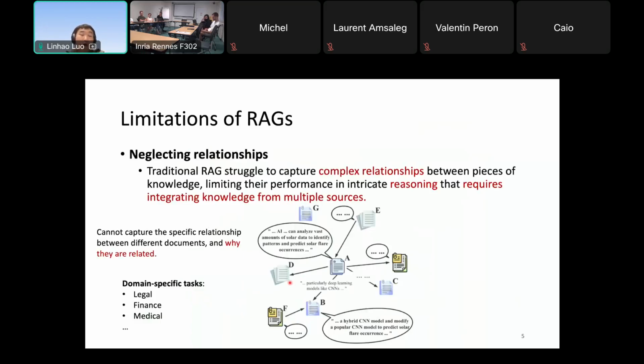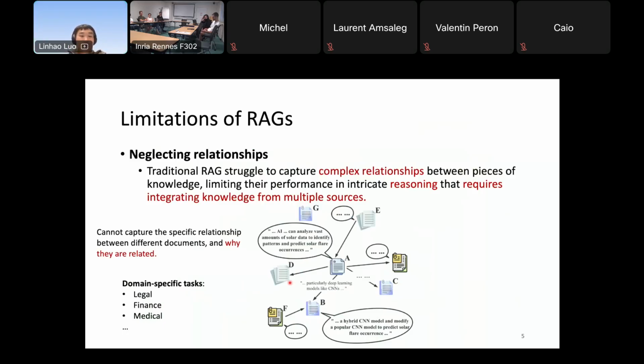For example, if you are a lawyer dealing with legal cases or questions, you usually need to refer to knowledge from multiple legal cases to better answer legal questions. So the relationship between the knowledge can be very important for this kind of complex reasoning task.